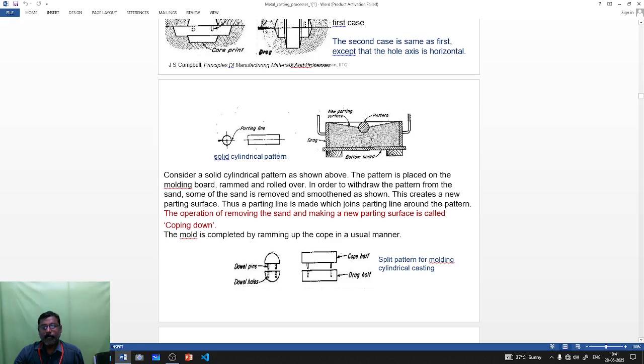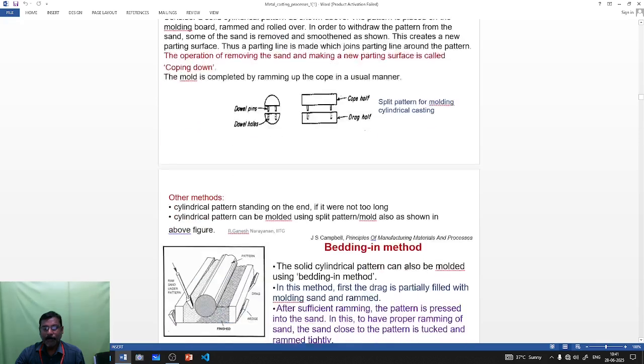Thus a parting line is made, joining the parting line around the pattern. The operation of removing the sand and making a new parting surface is called cutting down. The mold is completed by ramming of the cope in the usual manner.